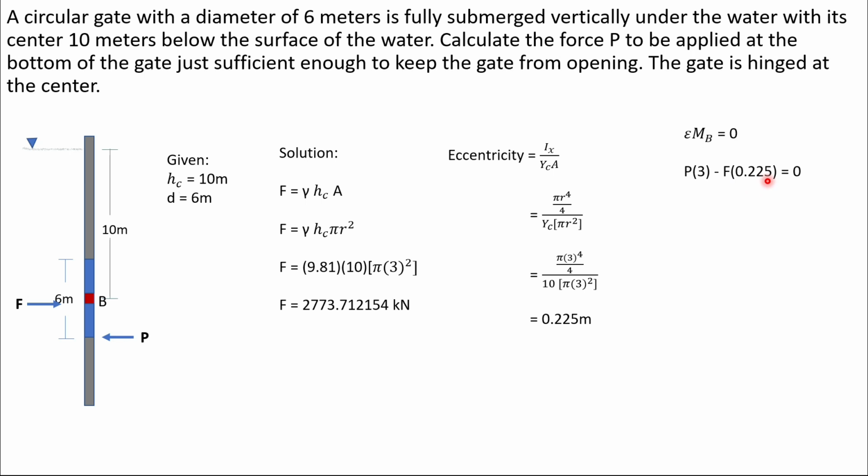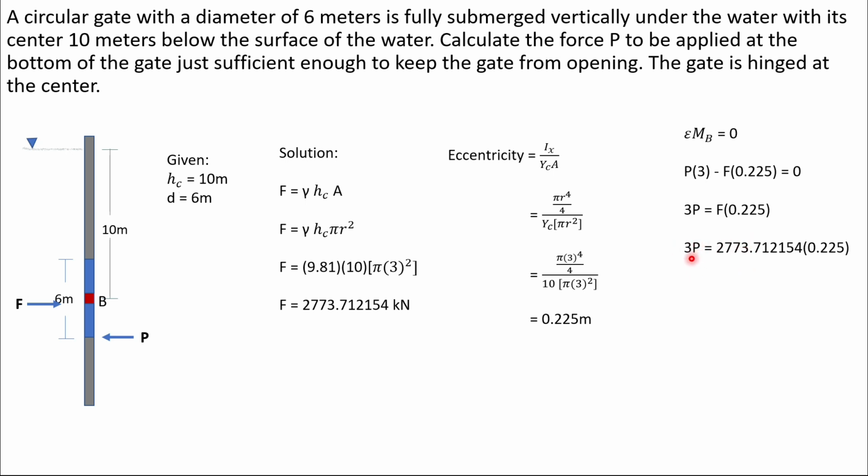We are looking for the value of P here, so we need to transpose this term to the right side of the equation. And now we have P times 3 is 3P. And now we have positive F because we transpose this term, F multiplied to 0.225. Substituting the value of F, we have 3P is equal to 2773.712154 multiplied to 0.225.